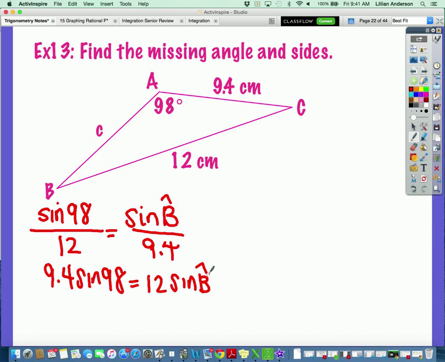How do I solve this? Divide by 12, and then take the inverse of sine.